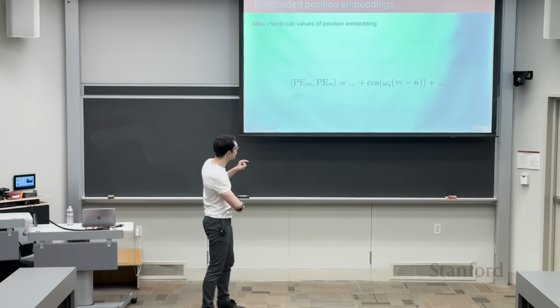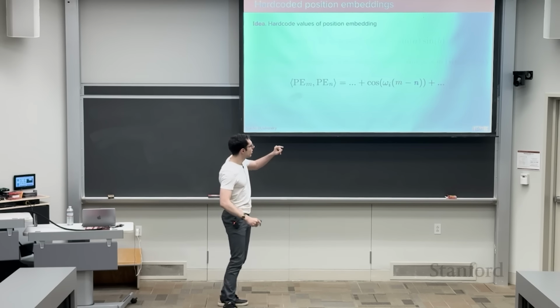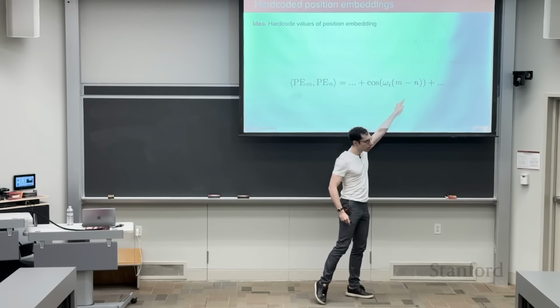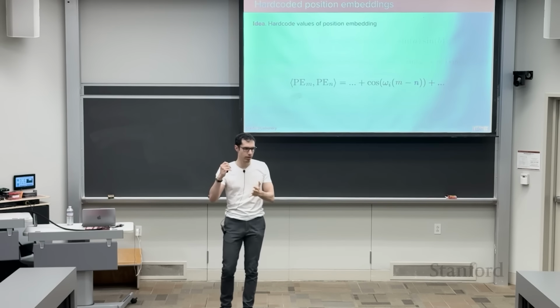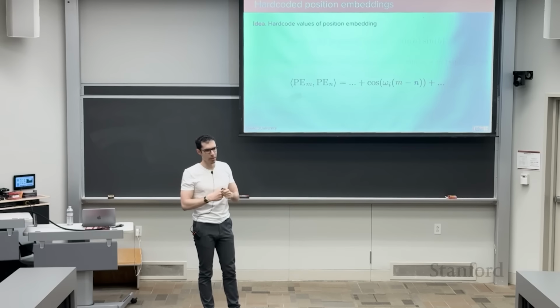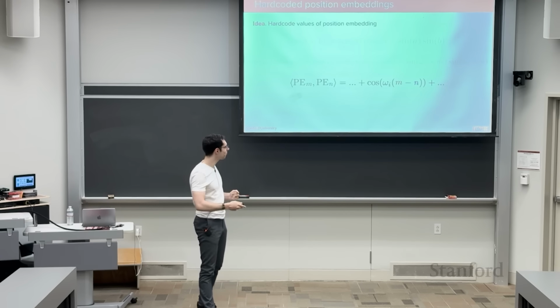In particular, if you remember your trigonometry class, cosine of 0 is 1. And the higher this number, the lower the value of cosine of this number, right? Of course, it's periodic, so what I'm saying is not necessarily true past pi, where it just goes the other way.